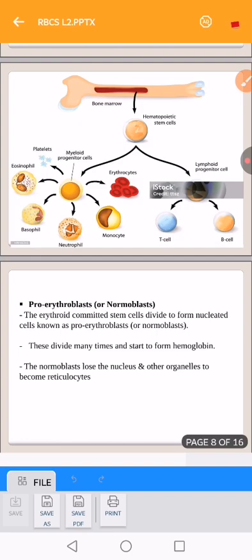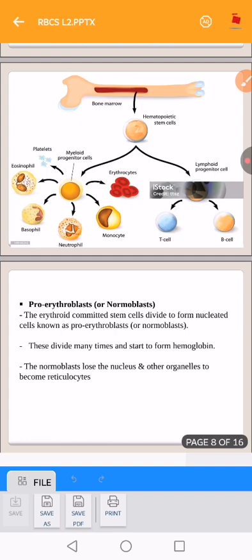After we form the erythroblast, it gives us the pro-erythroblast, which divides many times, and at that stage it starts to gain hemoglobin. The normoblast loses the nucleus and the other organelles to become a reticulocyte. This is the last stage in the bone marrow.